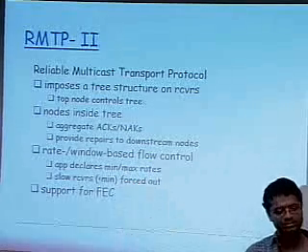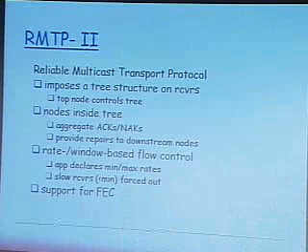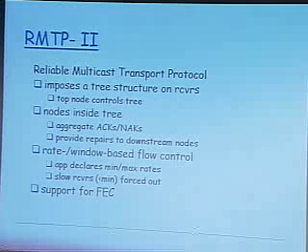Any receiver which is below the minimum rate required by the application is not allowed to join RMTP. So RMTP also implements flow control in this manner. And then data flows according to the slowest receiver, but which is capable of receiving data above the application minimum.